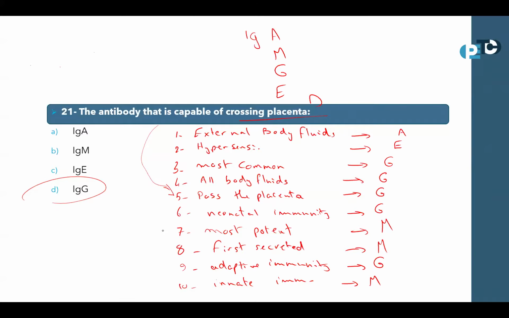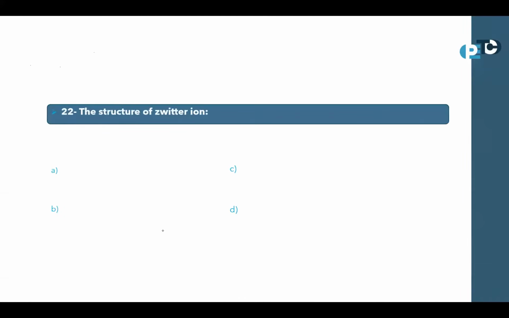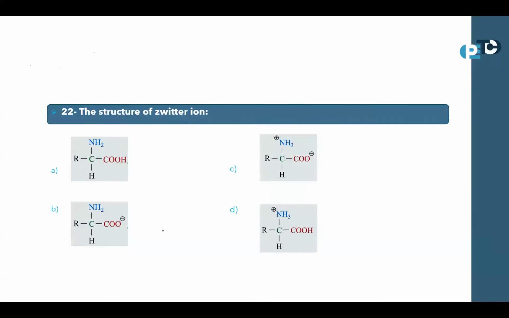Okay, let us go to the next one. The structure of Zwitter ion is also a common question repeated several times. Here we have 4 structures, all of them for amino acids. Which of them is called Zwitter ion?